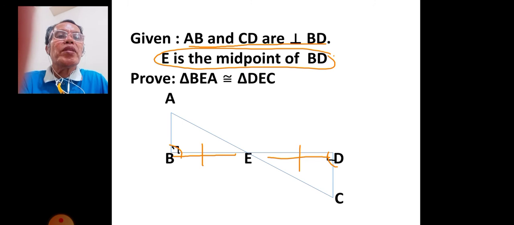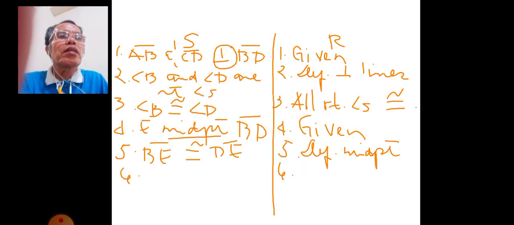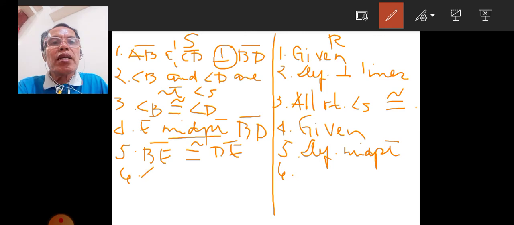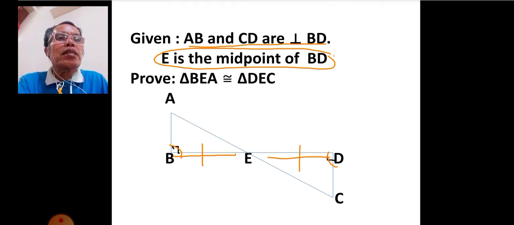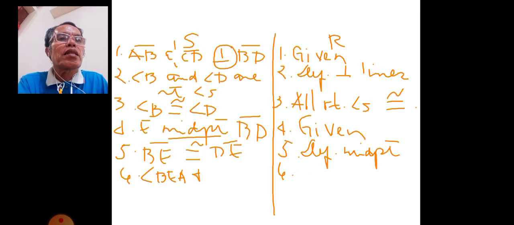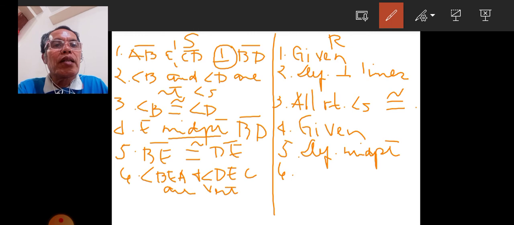So you can have now angle BEA and angle DEC are vertical angles.